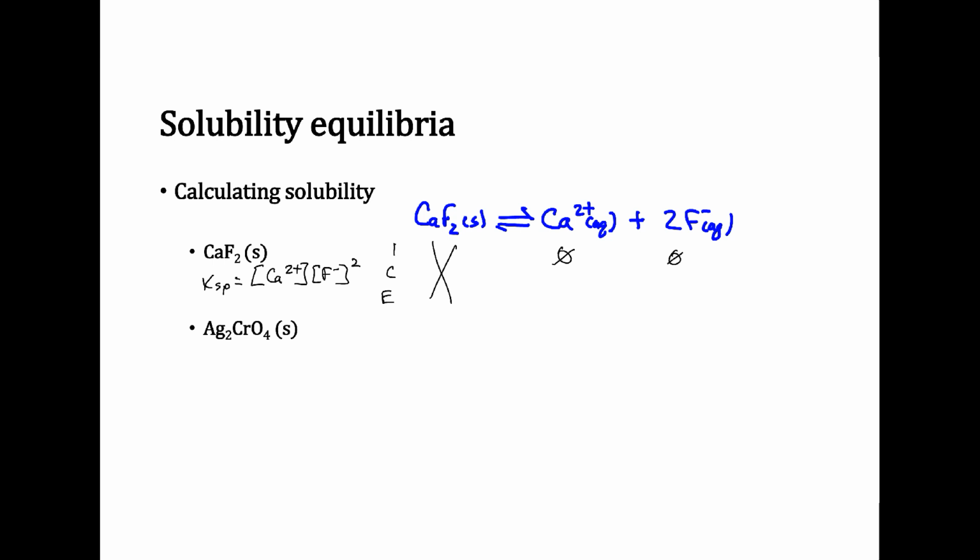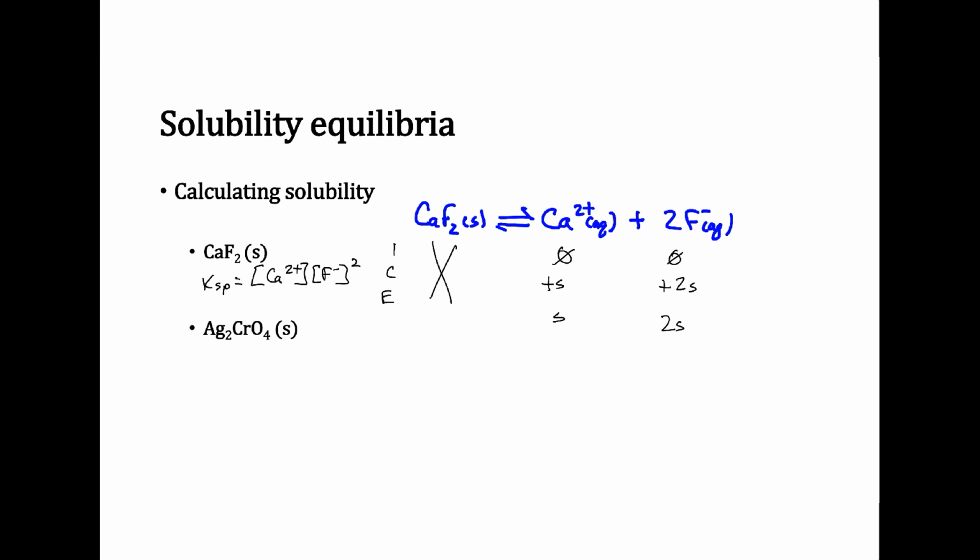We'll get to some problems where you have an initial concentration of an ion, and we'll see how that changes what we do. But for most of these, it's 0. And many times in textbooks, instead of using X, they use an S, but it's the exact same thing. So instead of plus X, they would say plus S, and instead of plus 2X, they would say plus 2S. At equilibrium, you have S and 2S.